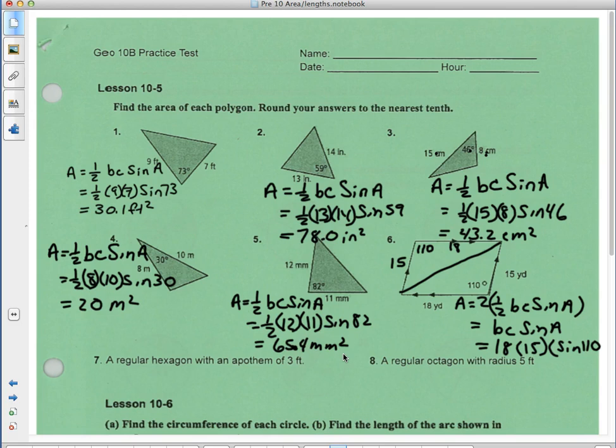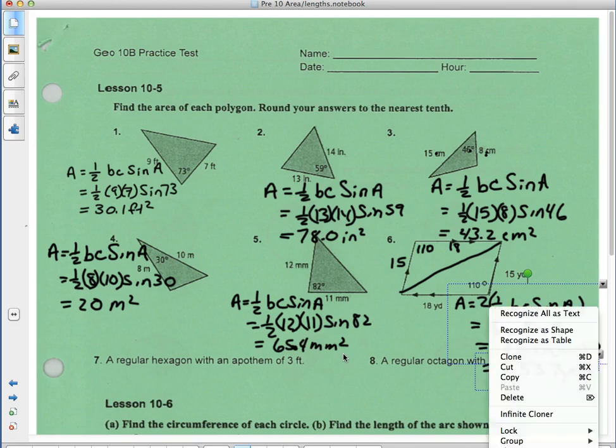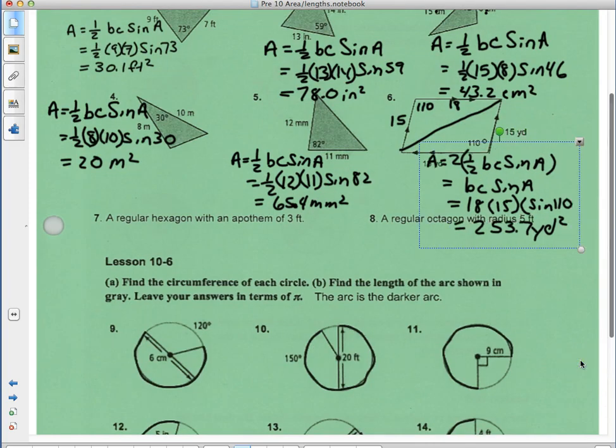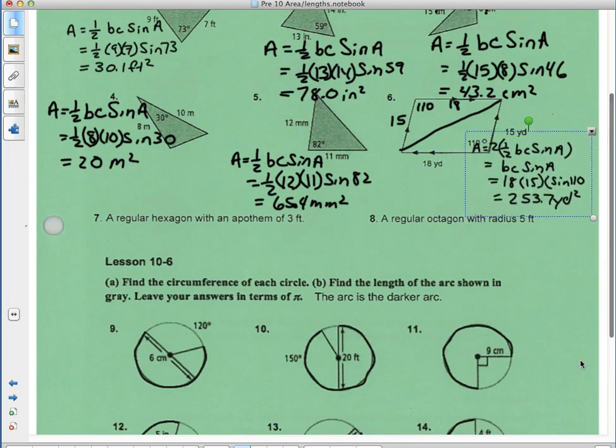And I pop that in my calculator and I find out I have 253.7 yards, and that's squared. Okay, I'm going to take that, group it, and we're going to bring that down a little bit so it fits my area I have.